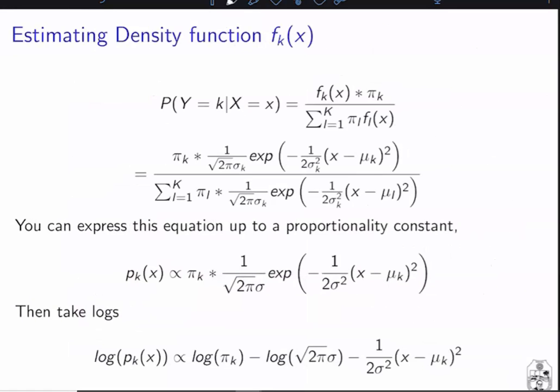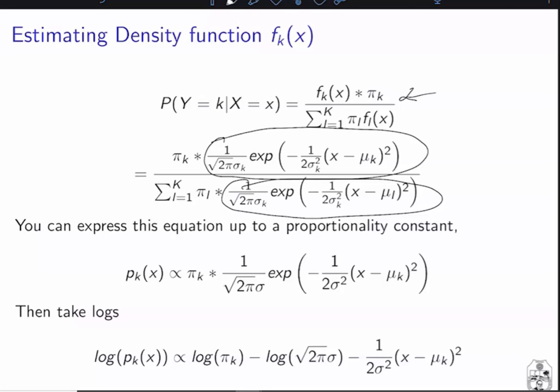Here, what I did is that I substituted the density function. This is the density function, and this is also the density function in the equation that we have derived from the Bayes theorem, and we get this very large equation.